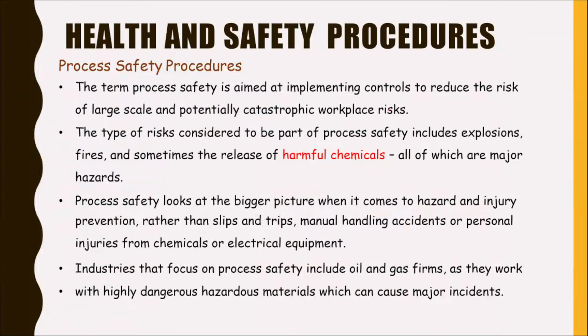Safety means implementing controls to reduce the risk. Then the types of risk considered to be part of process safety include explosions and fires. Process safety looks at the bigger picture when it comes to hazards, and how we can reduce accidents.